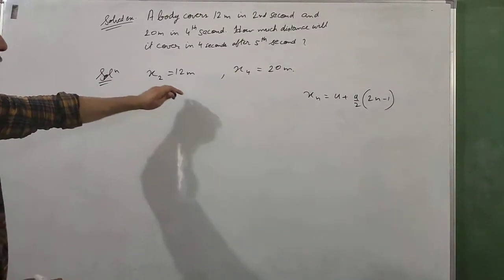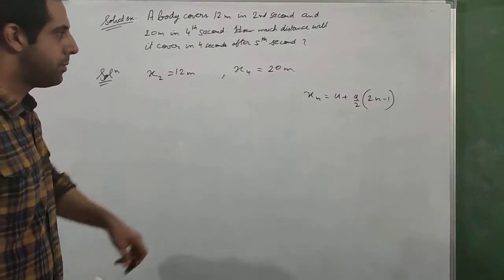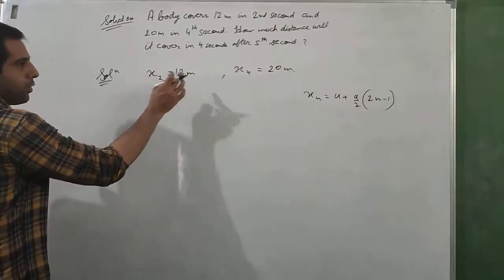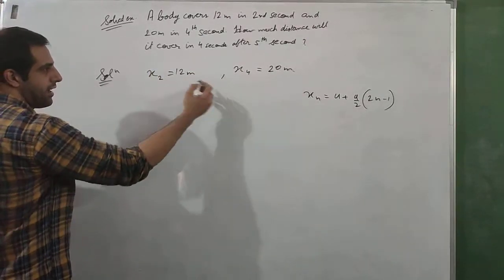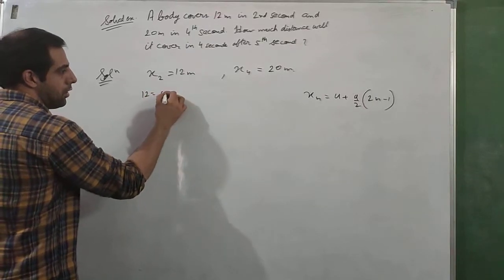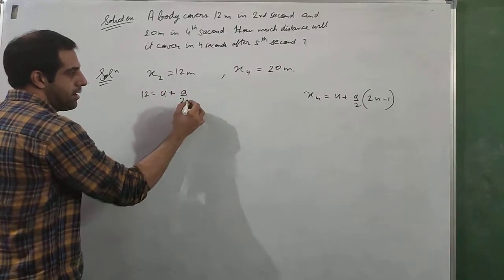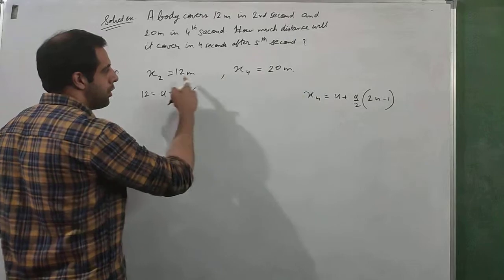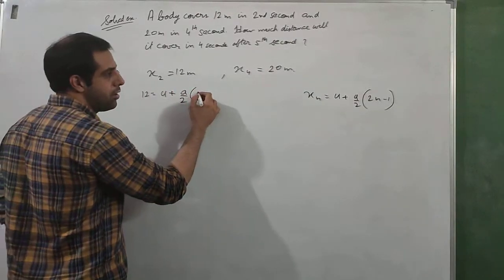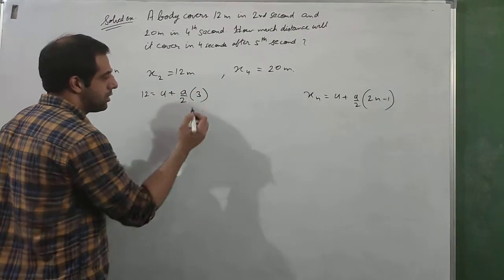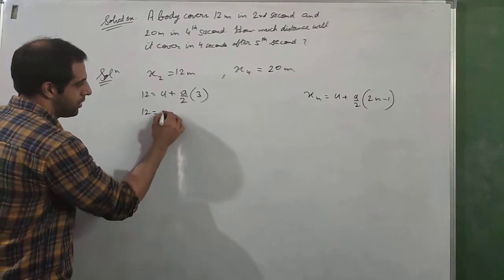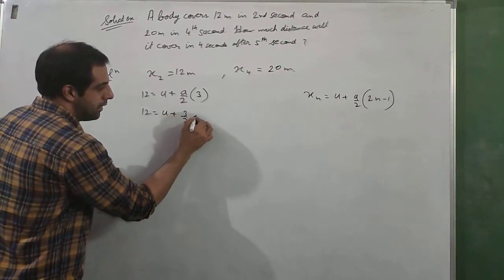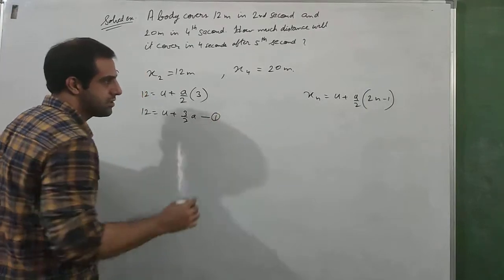So if we apply this formula on both of these pieces of information one by one, for the first, the value of xn will be 12 = u + a/2, the value of n is 2 here, so it will be 2 into 2, 4 minus 1, 3. So our equation will be 12 = u + (3/2)a. This will be our first equation.